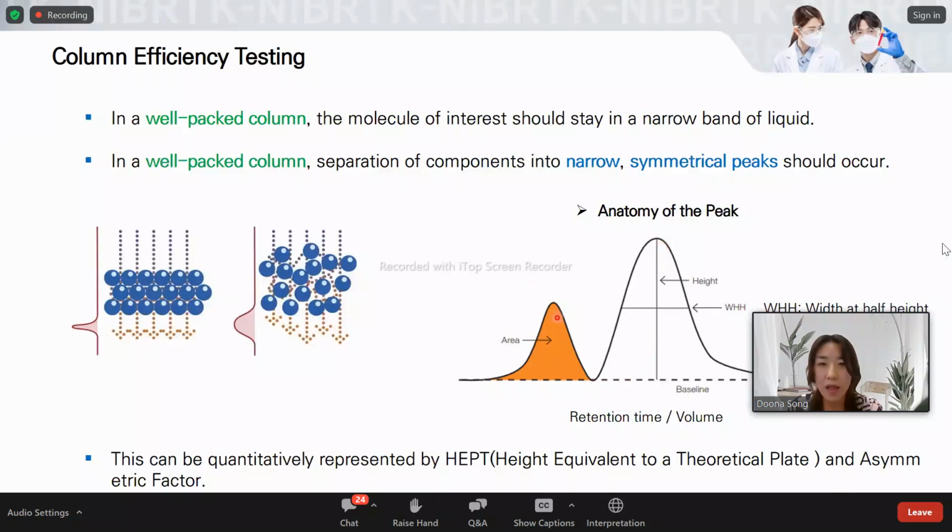The area reflects the total quantity of compound in the sample. And the width at half height indicates the sharpness and resolution of the peak. Narrower peaks are preferable for accurate separation.